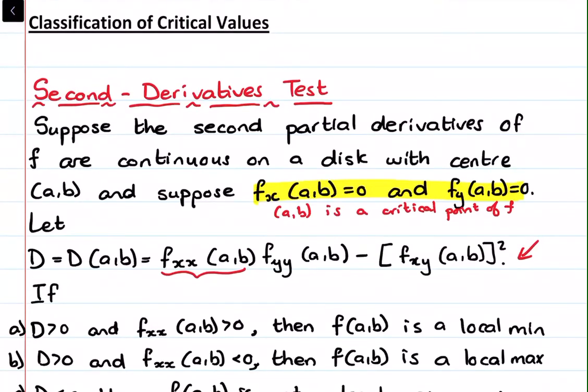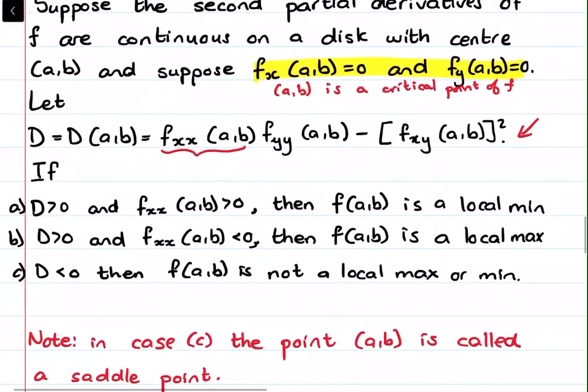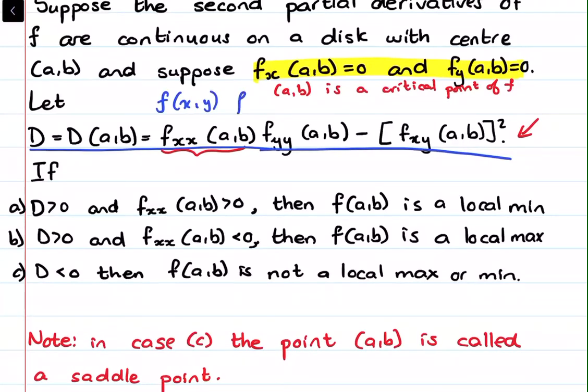Okay, the mixed derivatives. So let us look, what does it mean? It means that I have a function f of x, y. I have to find f_x and f_y, and then I have to find f_xx, f_yy and f_xy. They're partial derivatives.